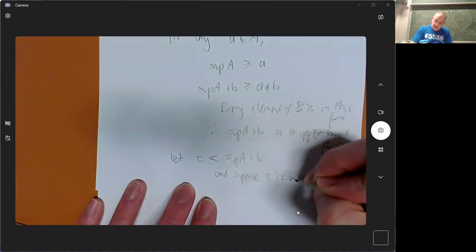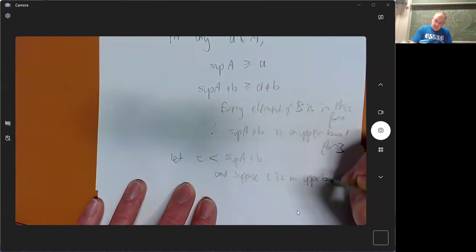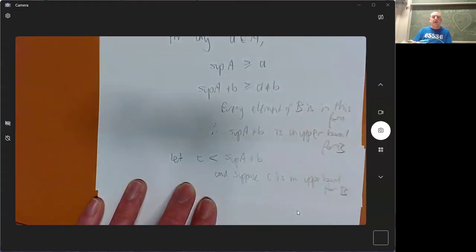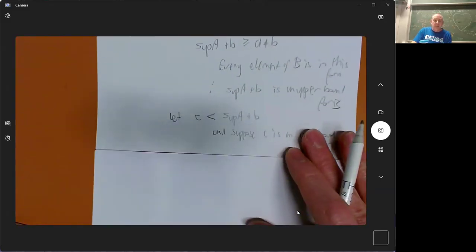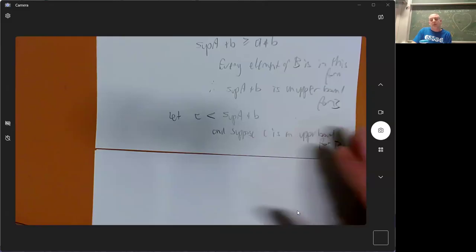Let this be true. C is an upper bound for B. That's what I'm going to do. And what would that mean?